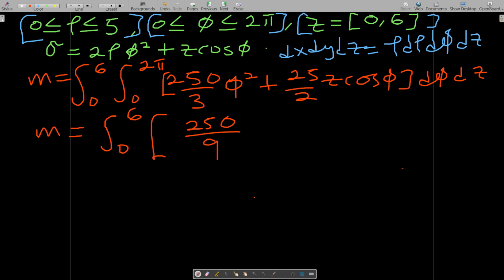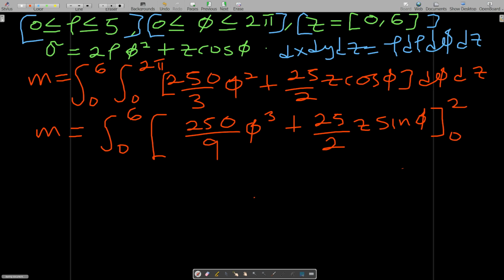Then phi cubed plus 25 over 2 z. The reason why it is plus, I hope you know, is that over 2, then sine of phi, you integrate cos, you get sine. Then this is from 0 to 2 pi dz.